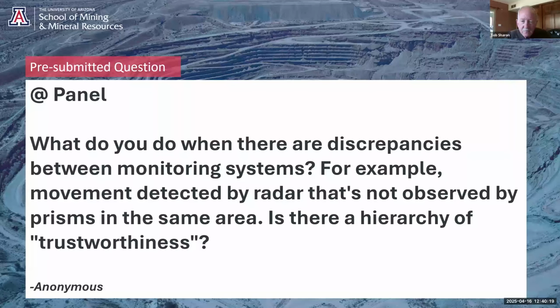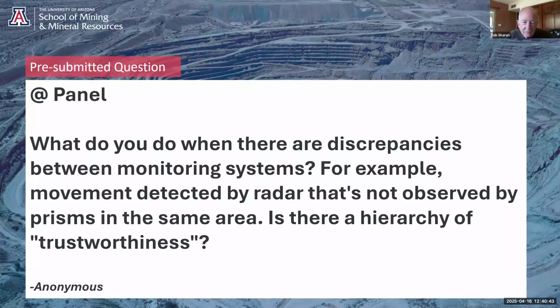Despite how much instrumentation you have out there, I think Zip made the comment before, or maybe it was Paolo, that you could have the greatest monitoring system available, but if it isn't doing the right job for you, you can still have a fatal accident. So that's really important: understand capabilities and limitations.